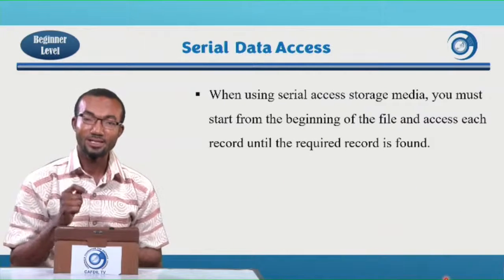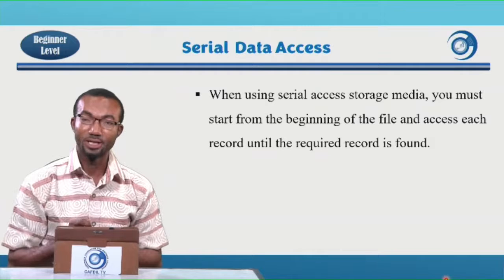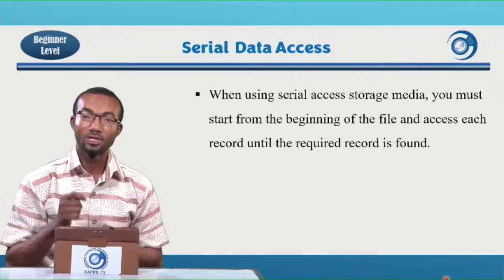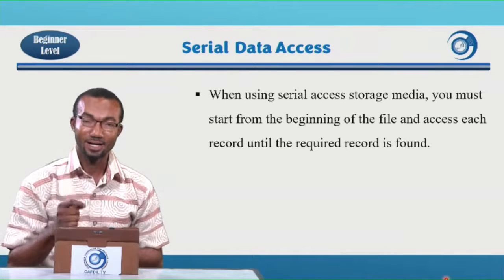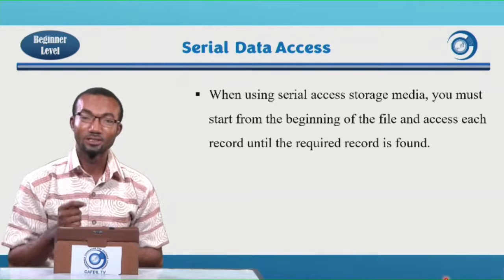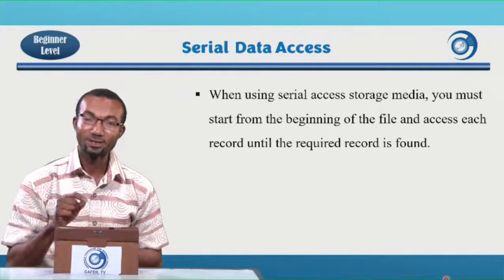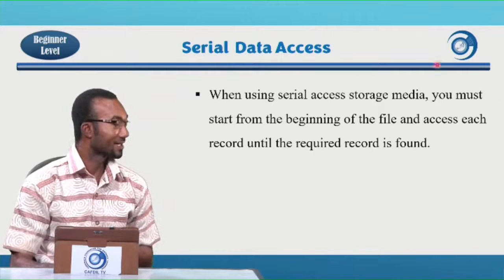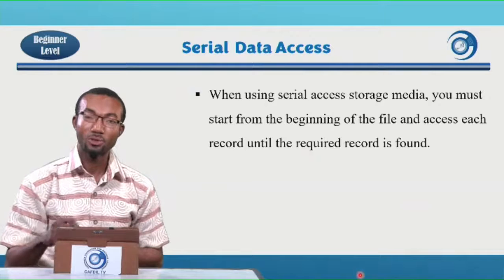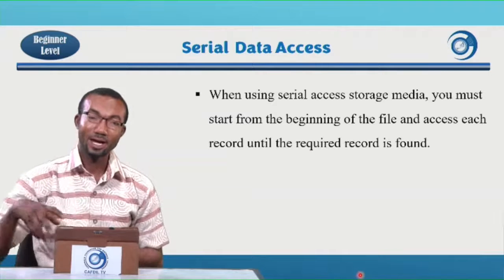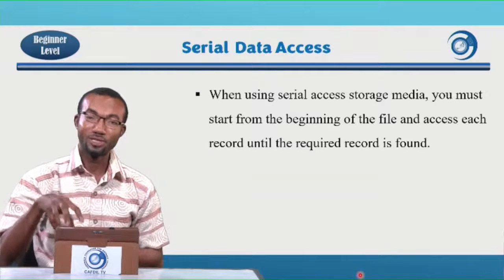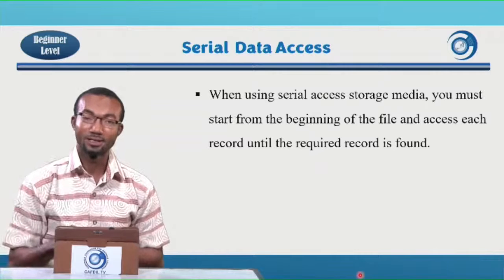When using a serial access storage media, you must start from the beginning of the file and access each record until the required record is found. So when we talk about access, I have data or information on the media.